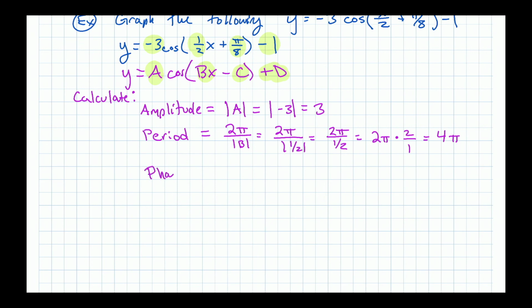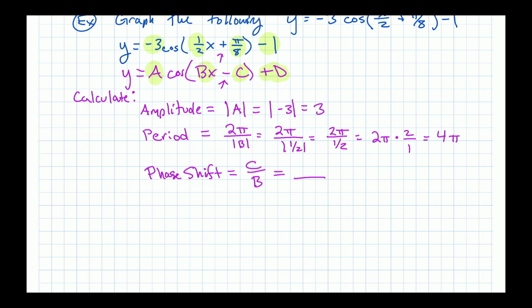So let's do the phase shift. The phase shift is C over B, no absolute values. So you have to be careful here though. Notice that there's a minus in our general form of the cosine, and we have a plus. That means that for the C, you need to reverse the sign that you see there.